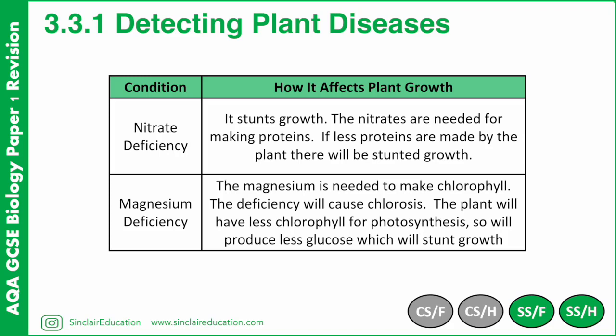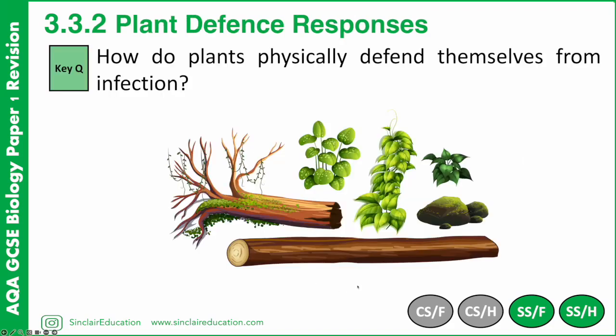Now the plant will have less chlorophyll for photosynthesis, so we'll have less glucose, and it's back to that pattern of less glucose, less respiration, less energy. We'll also have fewer amino acids made, so fewer proteins made, so less growth there too. Magnesium deficiency in particular has a bit more that you can discuss around this.